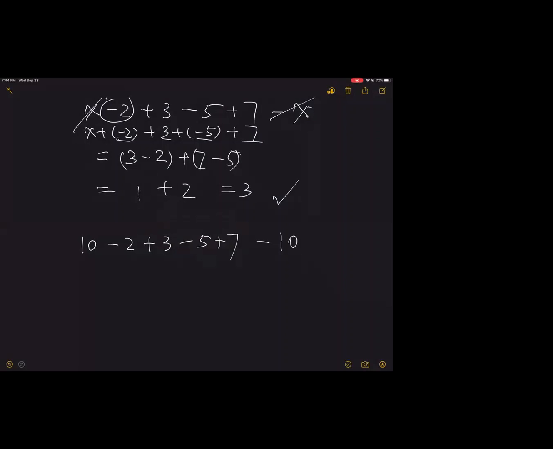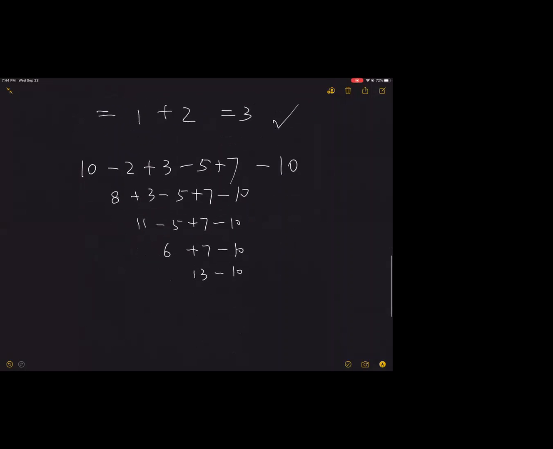Okay, so we can do this step by step. 8 plus 3 minus 5 plus 7 minus 10. And then 11 minus 5 plus 7 minus 10. 6 plus 7 minus 10. 13 minus 10. We subtract the original number.